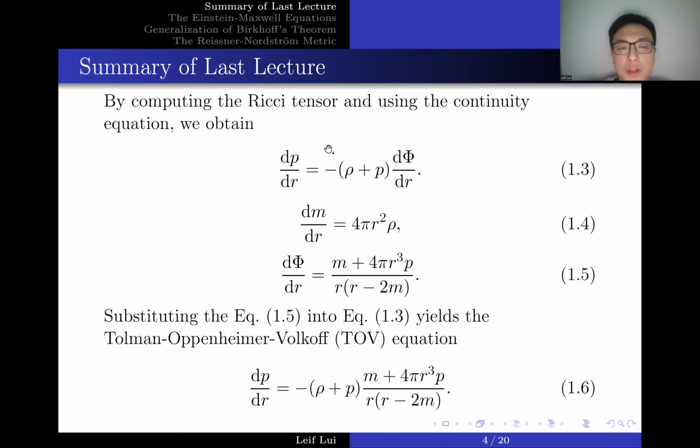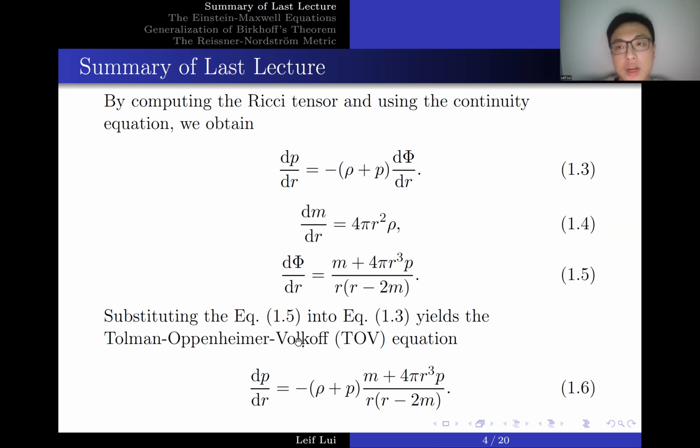So by computing the Ricci tensor, we obtain equations 1.3 and 1.4. This is the TT component, and this is the theta-theta component. The RR component can also be, in principle, computed using the Ricci tensor, but we used a neat trick. We exploited the conservation of energy and momentum and used the continuity equation to obtain equation 1.5. And by substituting equation 1.5 into equation 1.3, we yield the TOV equations.